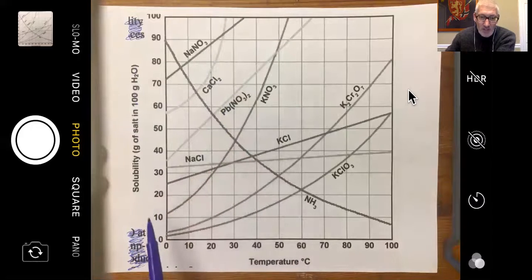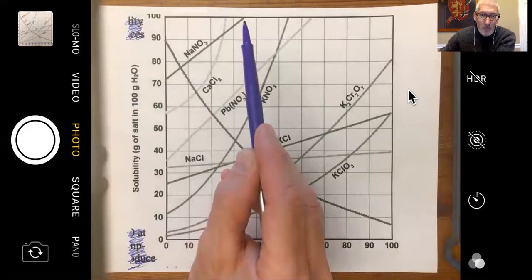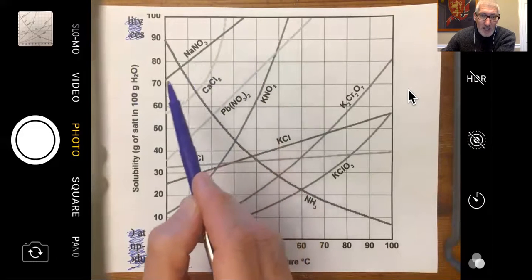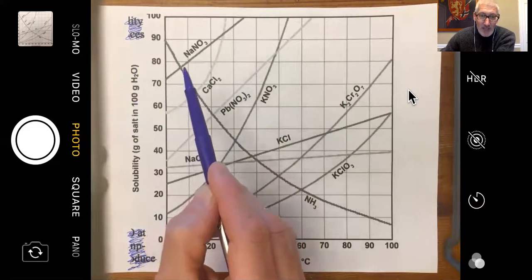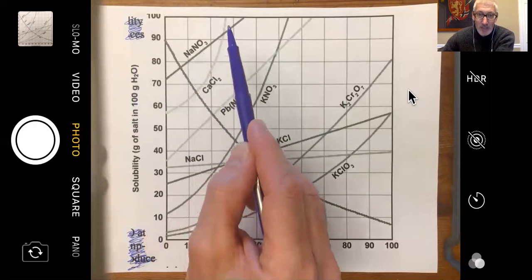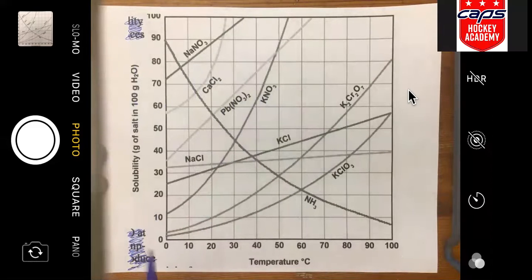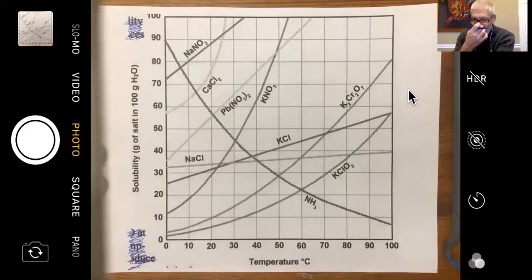As the water's temperature increases from 0 all the way up to about 34 degrees, what are we noticing about the amount of NaNO3 that I should be able to dissolve, Dylan? Is it increasing or decreasing as the temperature goes up? Increasing. It's increasing. And that gets back to Stella's question about whether, as you heat things up, you generally get to dissolve more in.